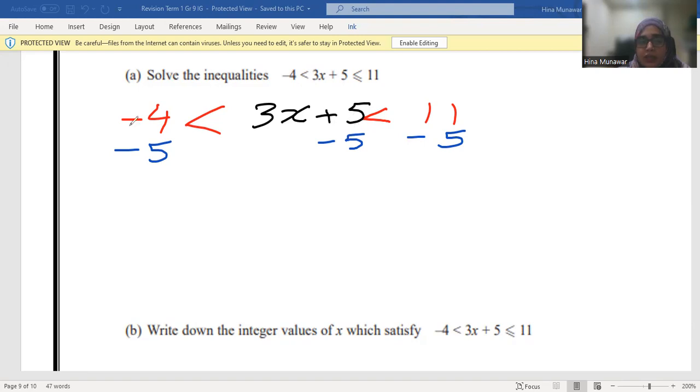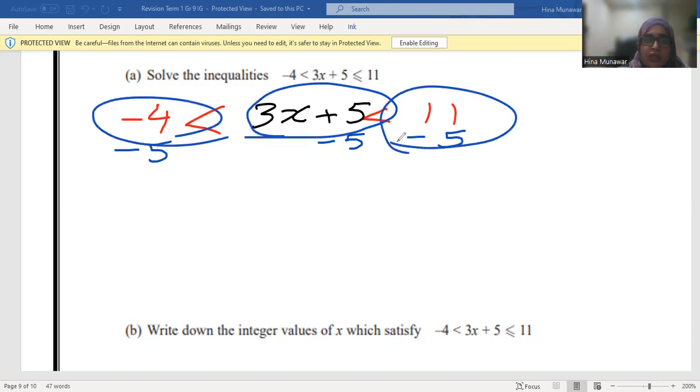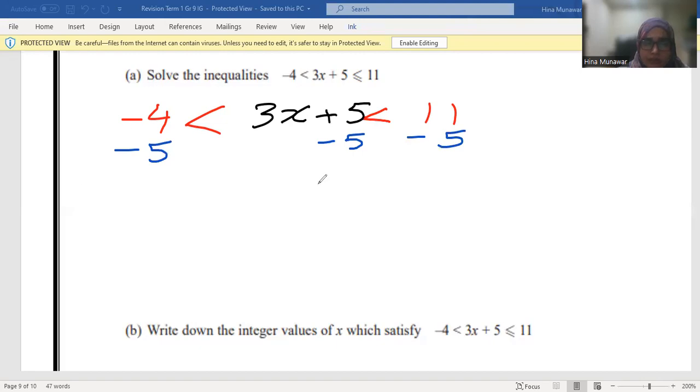So I do minus 5. There are 3 terms, so I have to consider 1, 2, and 3. So what do you do? You will minus 5 on all sides. Clear? I just wrote my question as it is, and then minus 5, minus 5, minus 5, right?